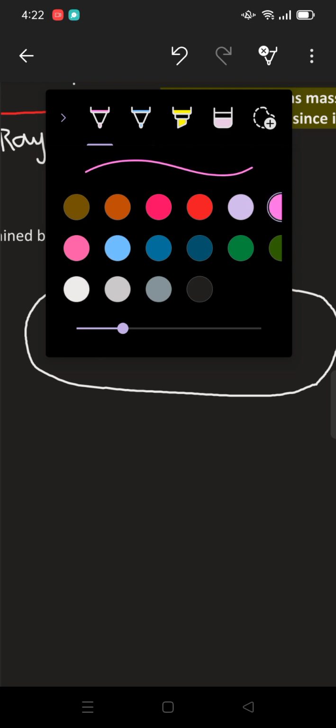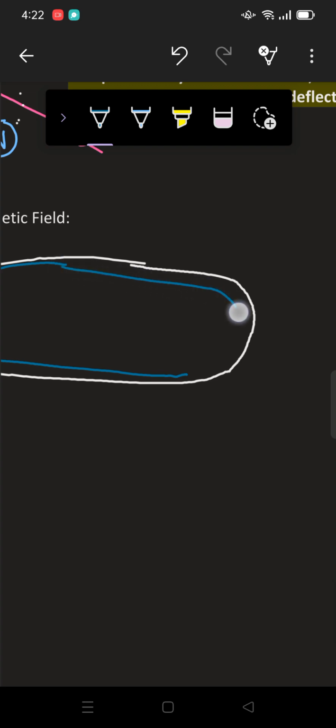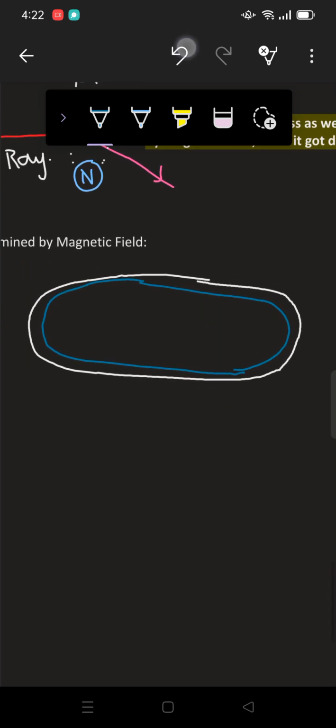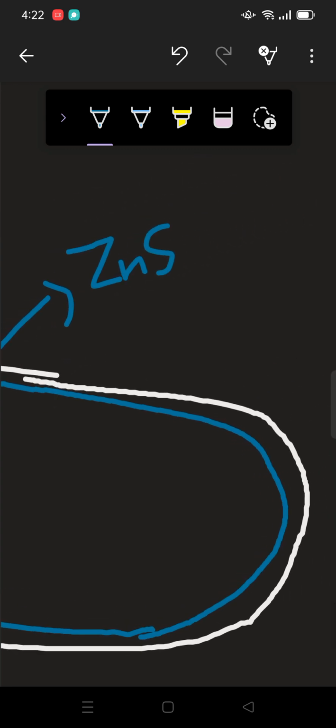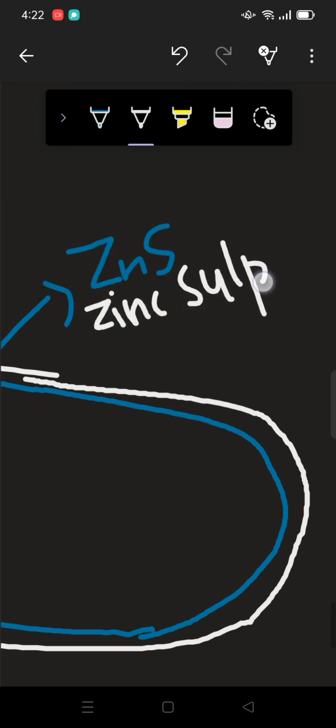This is zinc sulfide, which is the fluorescent material.